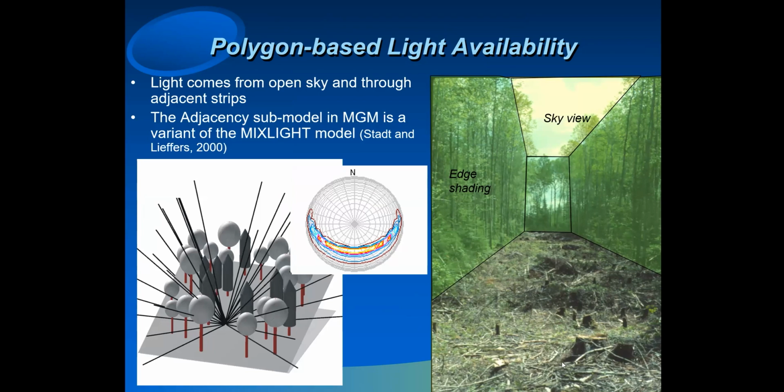It looks on each side of the stand and determines how much light is actually cast or available for trees in there. A 6 meter tall conifer, 10 meter tall conifer, and 20 meter tall conifer on each side will all cast different shade on the area and the light availability. And that allows MGM to adjust it.